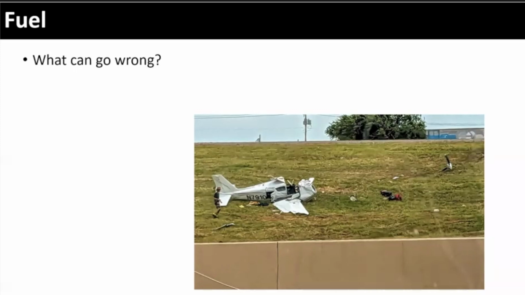So if somebody else is flying the airplane, they finish their lesson, you jump into it 20 minutes later, unless it's been refueled, there's probably a pretty good chance that the fuel's going to be okay if the last pilot did his job. But are you going to trust that? No. As pilot in command, it's your responsibility to make sure that plane is ready for flight and safe, not the guy that flew it before you. So always do it.